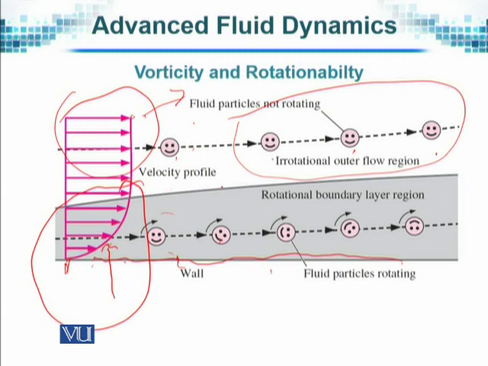And there is a region, reflected by the gray area, which is called the boundary layer. So within the boundary layer, viscosity is showing its effect, and the rotation is also taking place. But as it moves sufficiently away, it becomes non-rotational or irrotational.